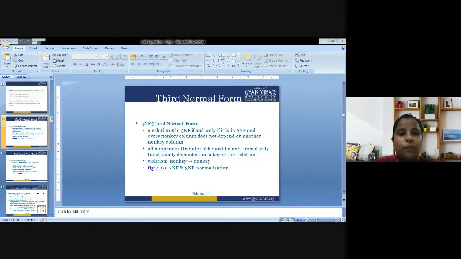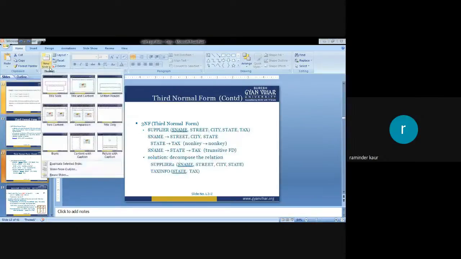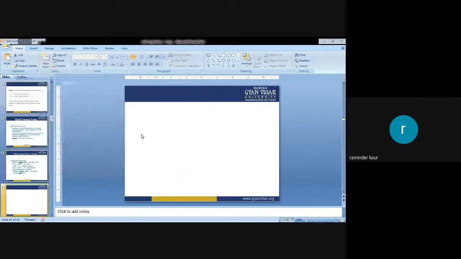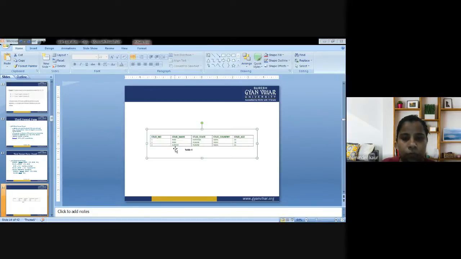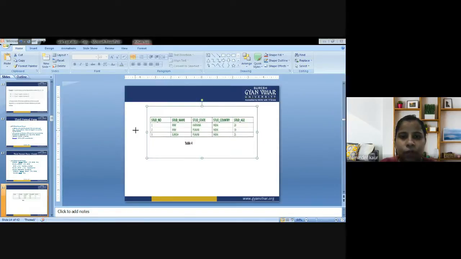Now you are supposed to look at the table. I am going to show you the same. I'm enlarging the picture so that you can easily understand.